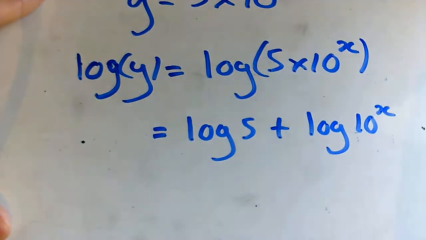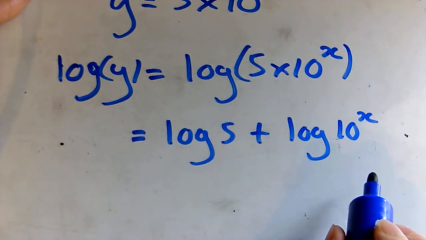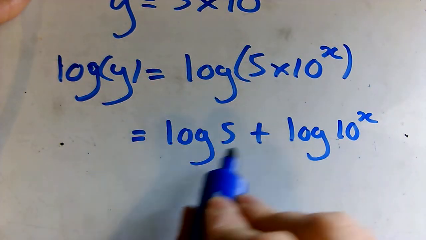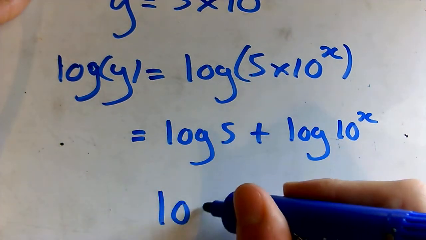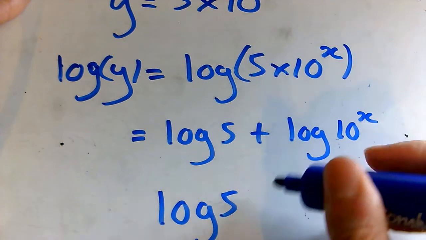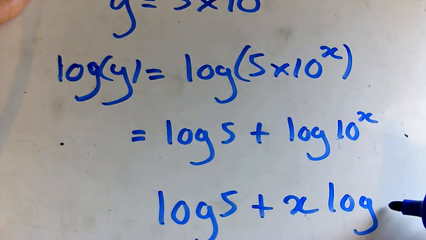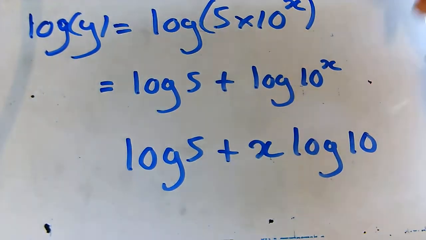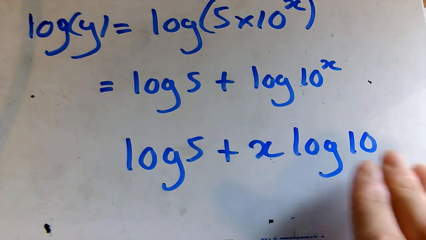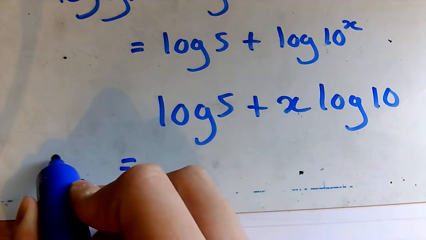And in this case, we can see as well that because we've got this power of x here, another of the log rules allows us to bring that to the front. And in this particular case, because we had a base 10 and we used a base 10 log, this log 10 is just going to be 1.